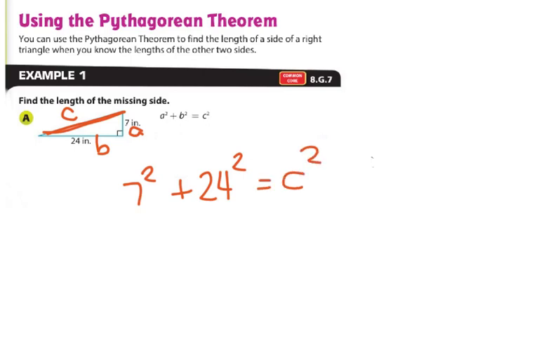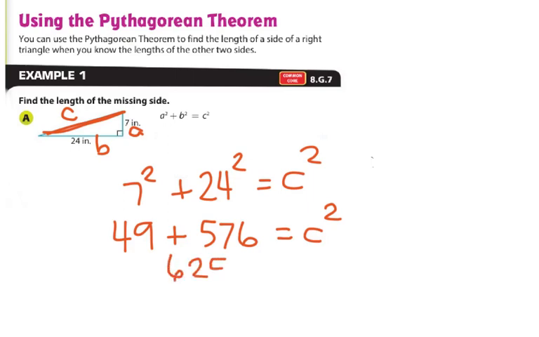That's me just plugging it into the formula, okay? And so I know that 7 squared equals 49, plus my 24 squared, if I do the math, 24 times 24 equals 576, and I know that's going to equal c squared. Got it? So I'm going to add these two together. When I do my math, I calculate this out to be 625 equals c squared.